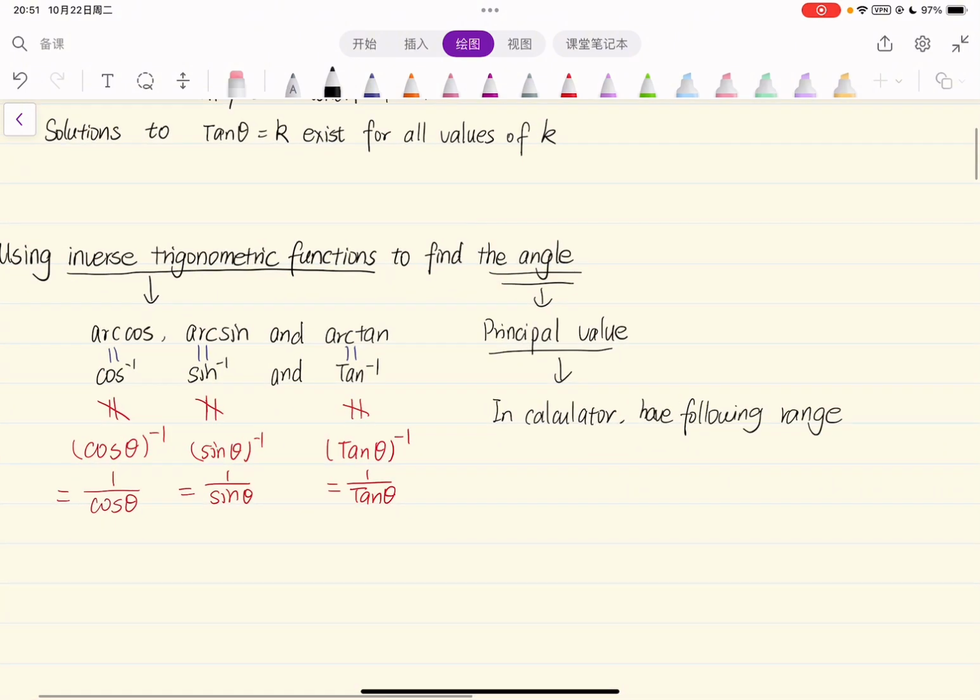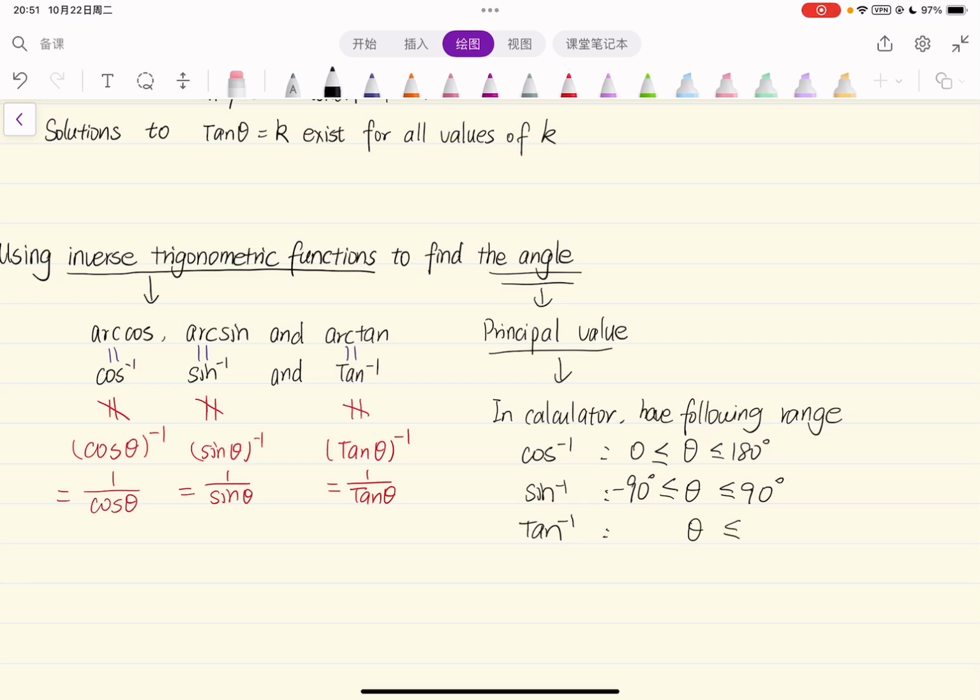For cosine minus 1, which is arc cosine, theta is less than or equal to 180 degrees and greater than or equal to 0. For arc sine, theta is less than or equal to 90 degrees and greater than or equal to minus 90 degrees. For arc tangent, theta is also less than or equal to 90 degrees and greater than or equal to minus 90 degrees.